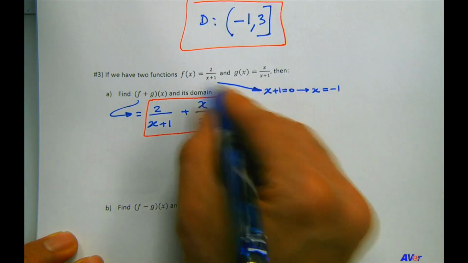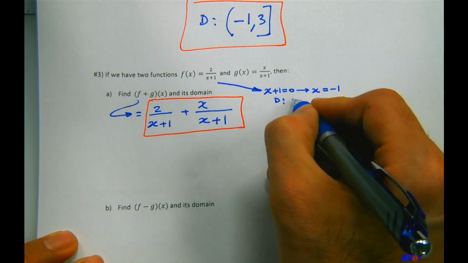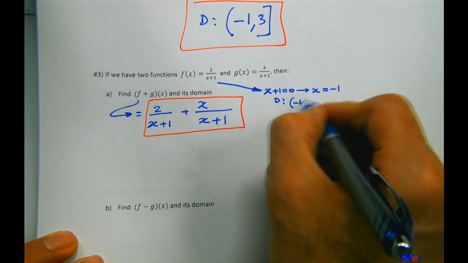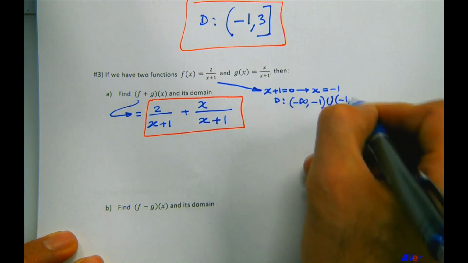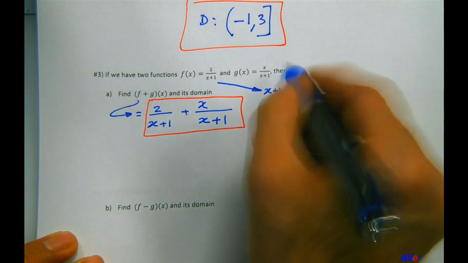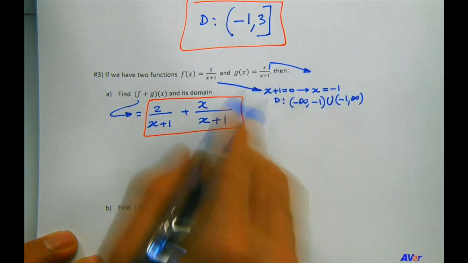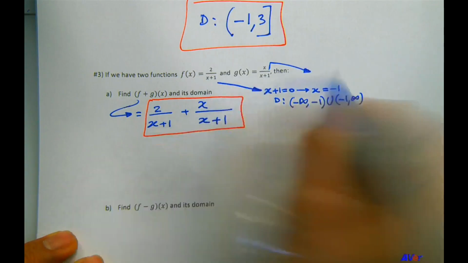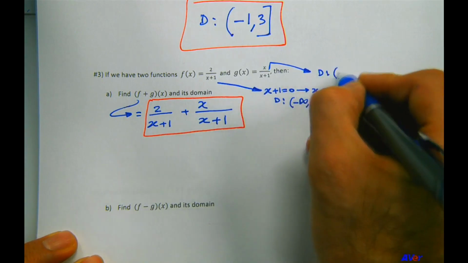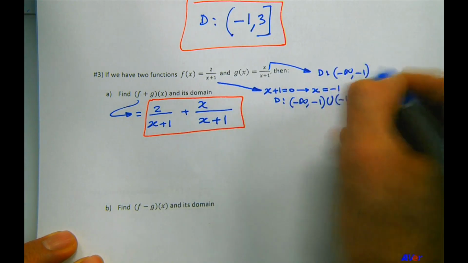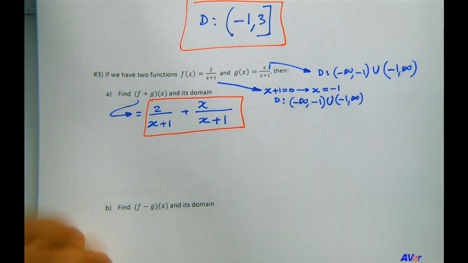So the domain of this one would be negative infinity to negative 1, parenthesis, union, negative 1 to infinity. How about this one? The domain of that function, the same way, right? Just the denominator, the same domain is negative infinity to negative 1, union, negative 1 to infinity, right?